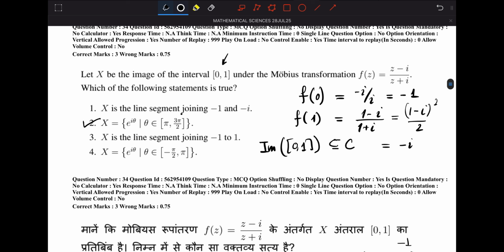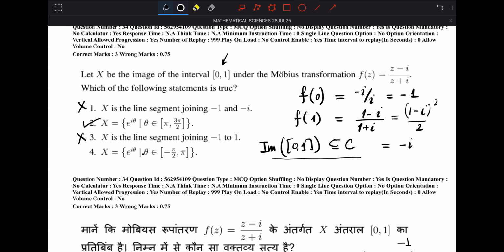X is a line segment joining minus 1 to minus i. It is not true because we showed that the image is contained inside the circumference of the unit circle. So this is not correct. The line segment joining minus 1 to 1 is also not correct.